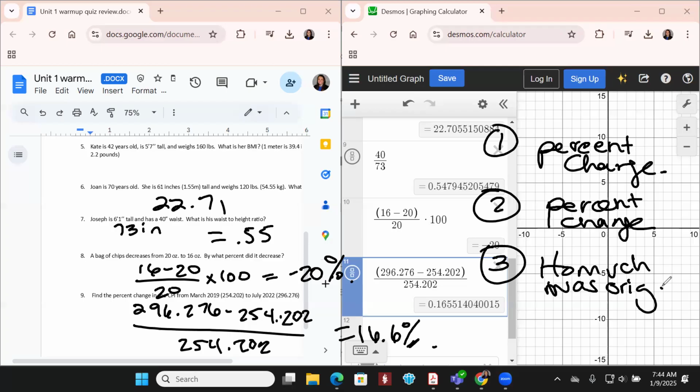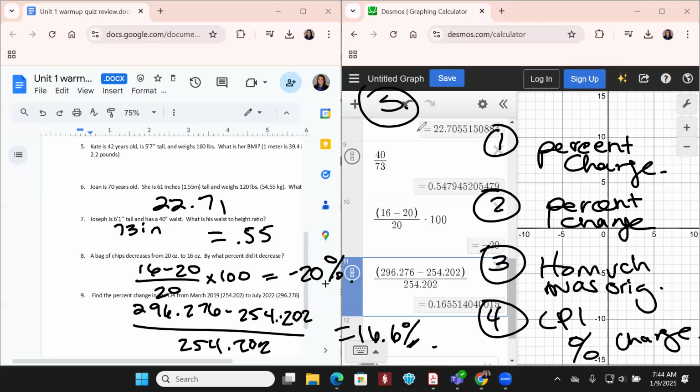What was the original price? And then the next question asks you about percent change from a CPI table. Next question asks you about what's the new price after inflation. So if something went up in a percent, what's the new price? And then the last question, we haven't talked about this much. We're actually going to talk about it on the other worksheet.